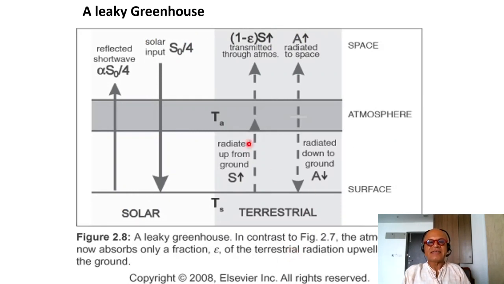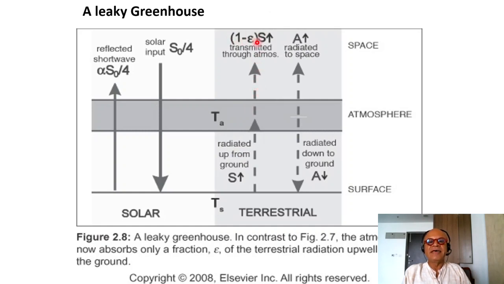In that case, the atmosphere is, for example, not completely opaque to the energy coming from the surface. It will have an emissivity, so it's called a leaky greenhouse. Instead of keeping all of the surface energy coming up, it will keep part of it related to its emissivity, and it will allow some of it to escape.